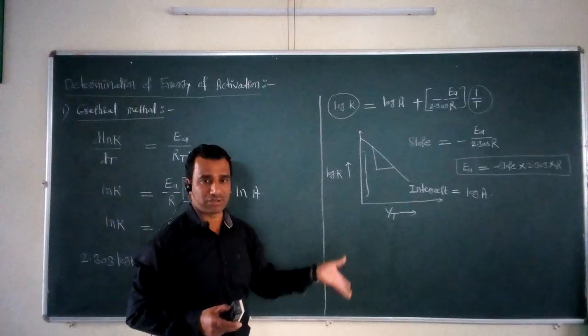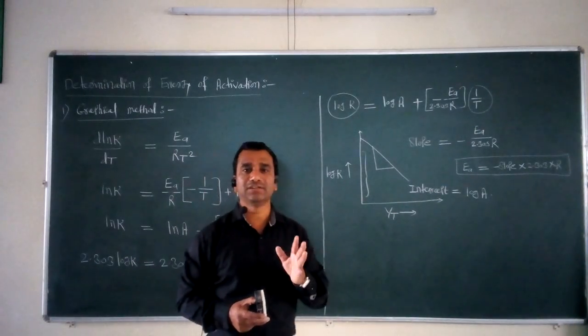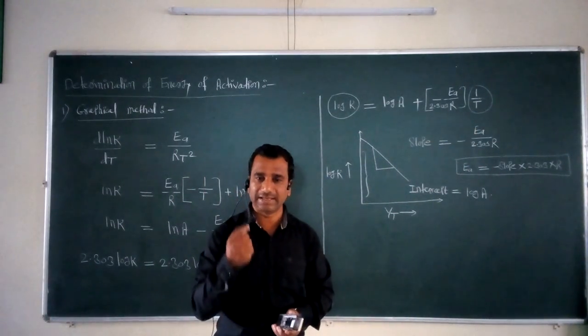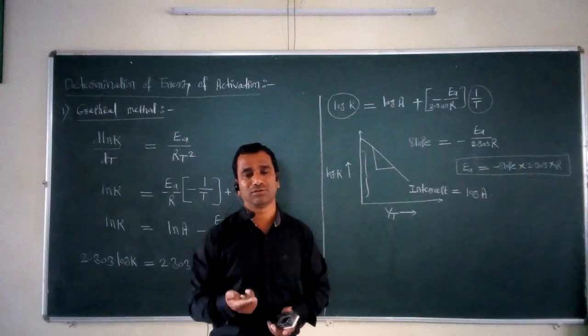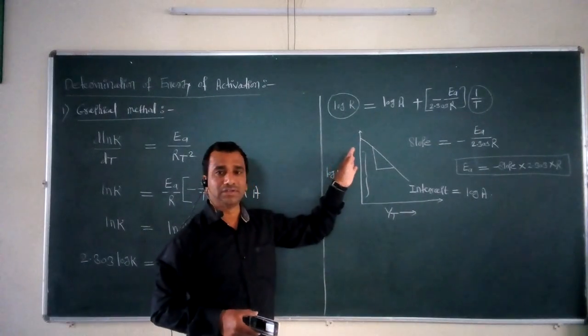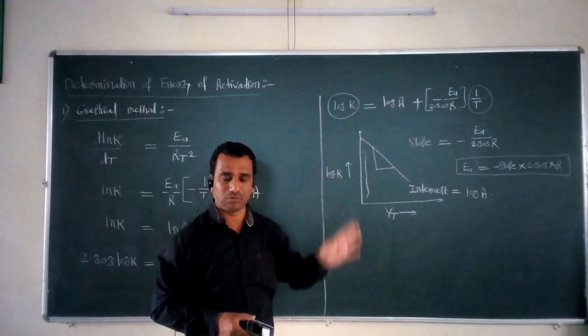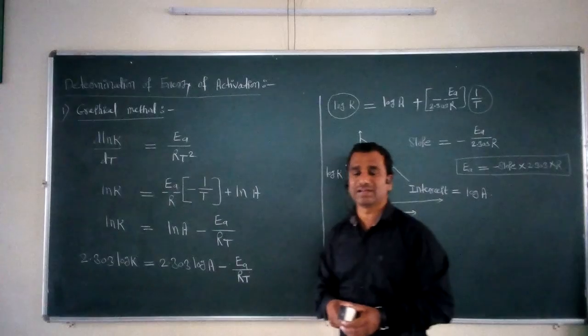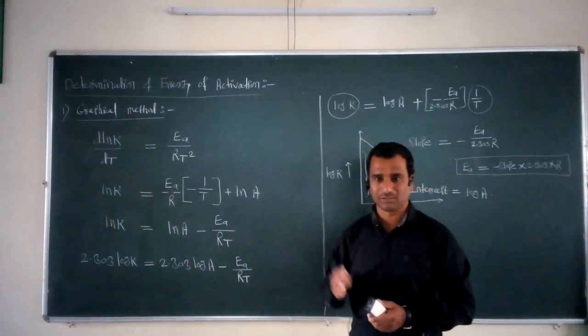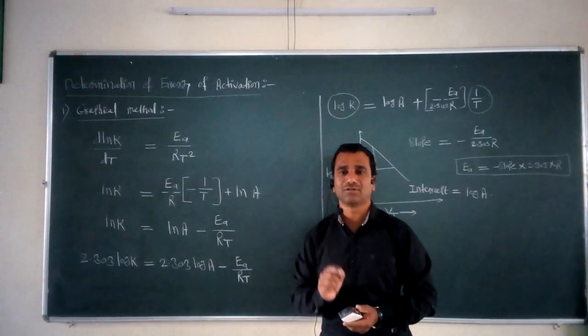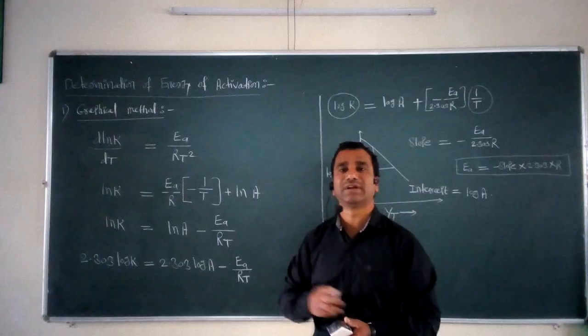For this purpose, what do we have to do? We have to carry out a particular chemical reaction and study it experimentally. We have to find out the rate constant of a particular chemical reaction at different time intervals.